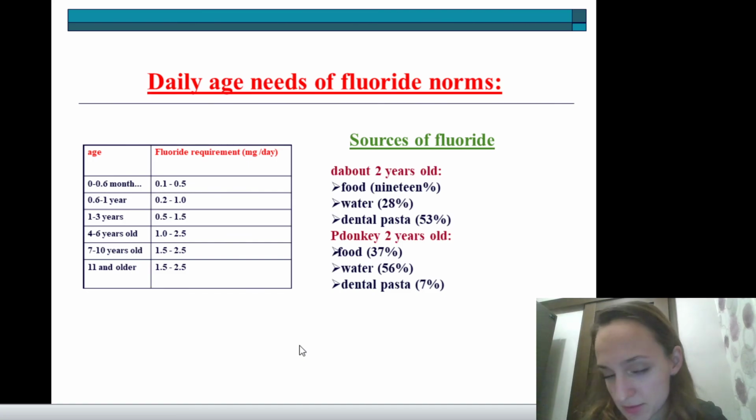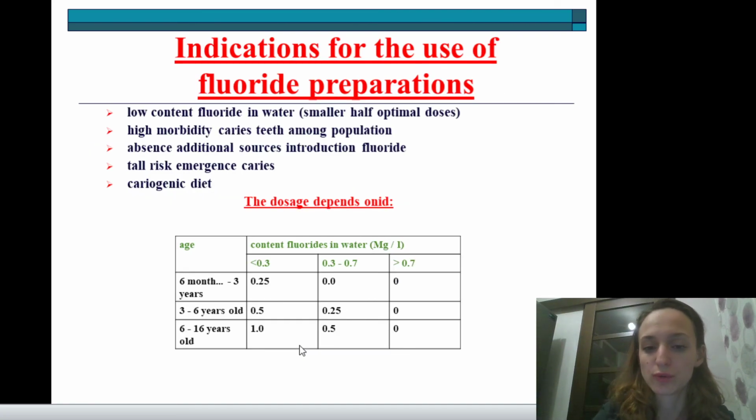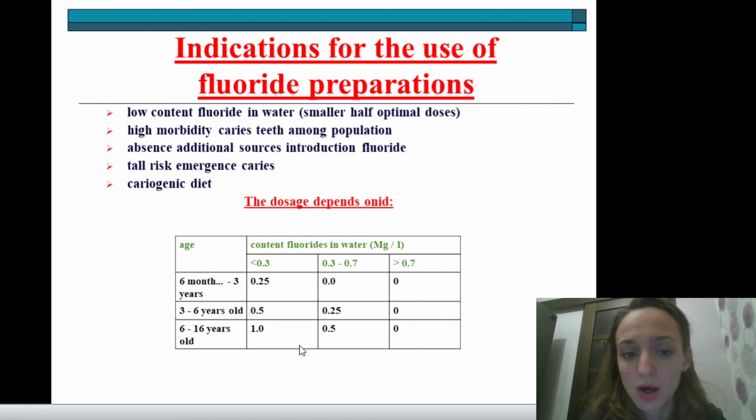Indications for the use of fluoride preparations: low content of fluoride in water, high morbidity of dental caries in the population, absence of additional sources of fluoride intake, total risk of emergence of caries, and a cariogenic diet.